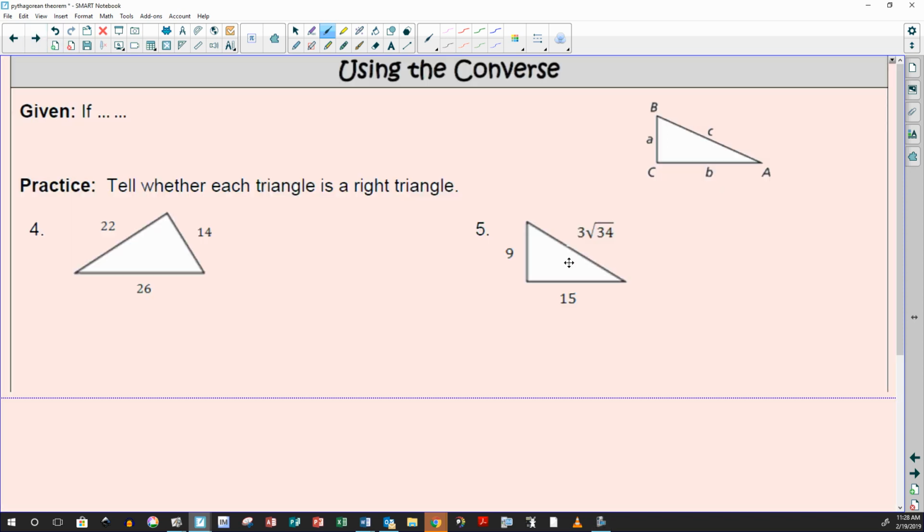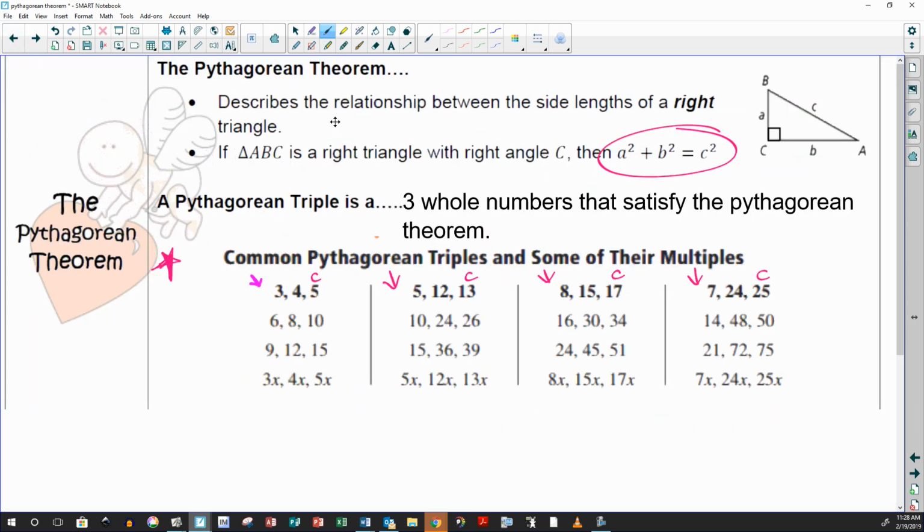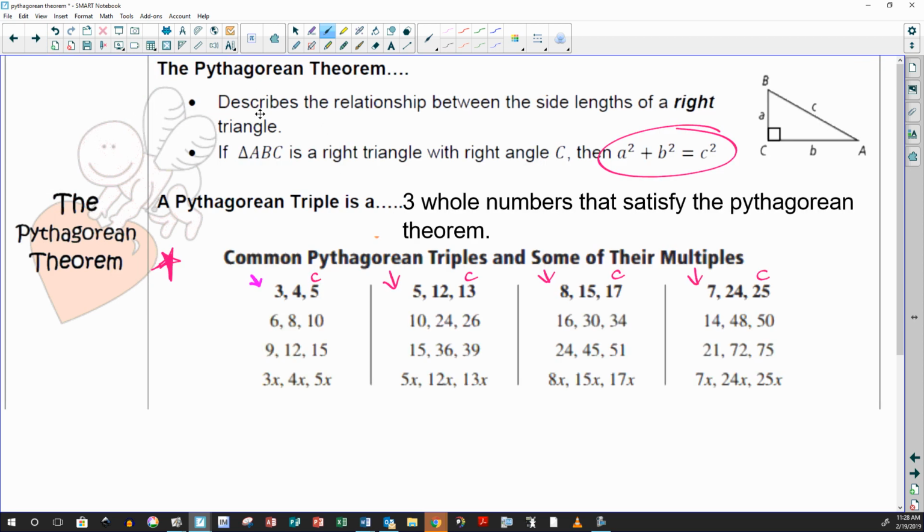All right. So now we're going to use the converse. Let me go back here because I want to get it word for word. The Pythagorean theorem describes the relationship between the side lengths of a right triangle.